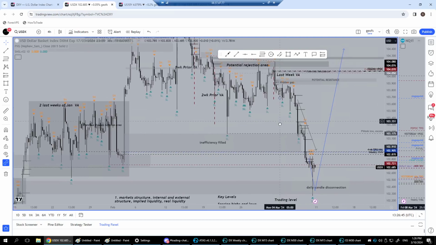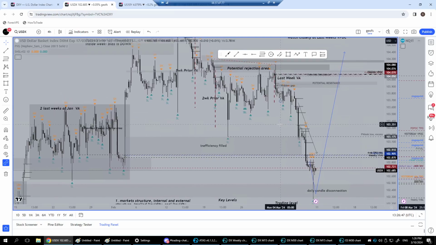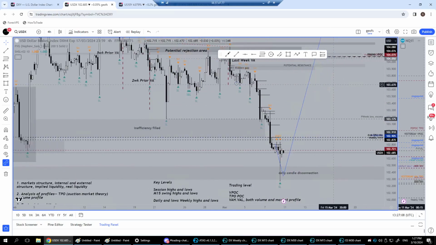Now, why is this important? Well, the dollar is the barometer for every other market, okay? The dollar is the world reserve currency. It's critically important, and it really dictates what happens in all other markets. Now, the bond market is the largest market in the world also. Not Dixie, the Dixie contract.